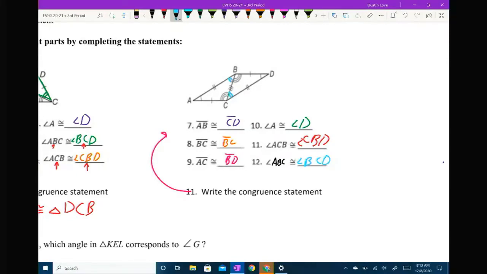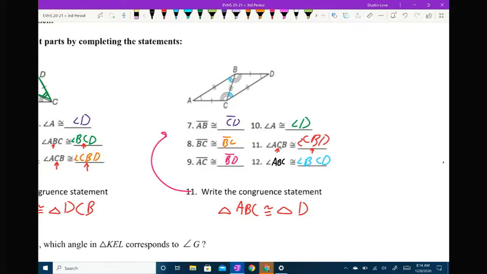Now write the congruent statement, same as before. Triangle ABC is congruent to triangle. A matches with D. B matches with B this time. Wait, I'm sorry. C matches with B. So, hold on.